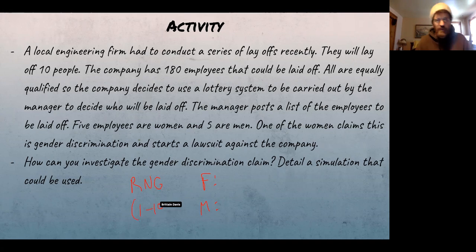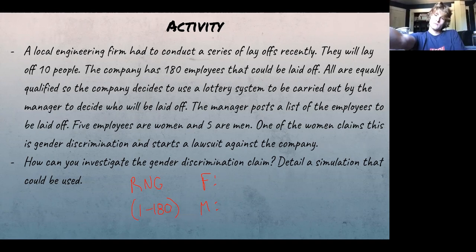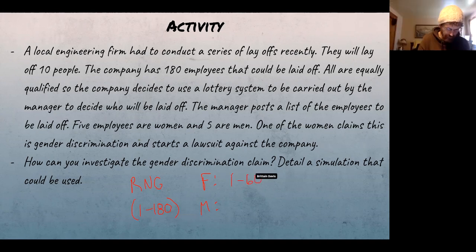We got 180 employees. So I want to have a random number generated from 1 to 180. What might we use as a range for the females? 1 through 60. There you go. So let's say 1 to 60 would be female, meaning 61 to 180 would be male.